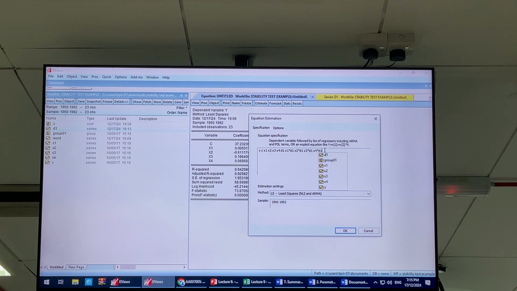So you add D1 and then the interactions: x1 star D1, x2 star D1, x3 star D1, x4 star D1.